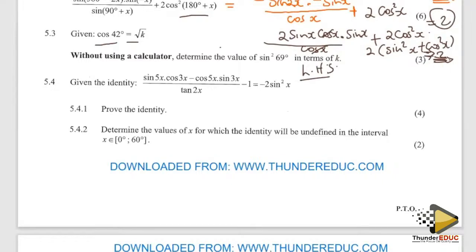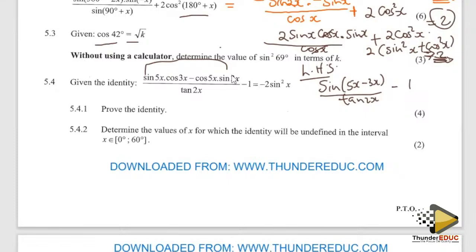So when I see sine 5x cos 3x minus cos 5x sine 3x, it's sine cos minus cos sine. So this is a compound angle of sine, yes. So I'm going to say that's the same as sine of 5x minus 3x. I'm dividing by the tan 2x, then I subtract the 1.